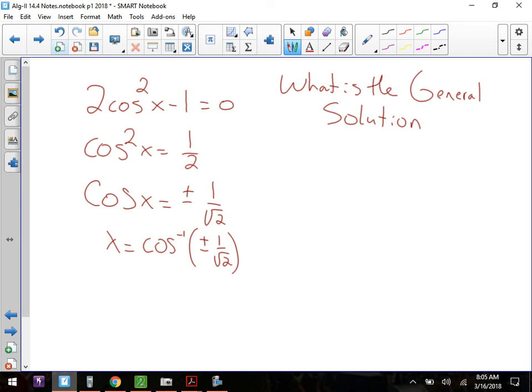So if I'm in a 45, that means my answers are in every quadrant for this one. And when you have a 45-degree angle, that's your pi over 4. This is the only time this happens, if your answer winds up being all 4 pi over 4s.